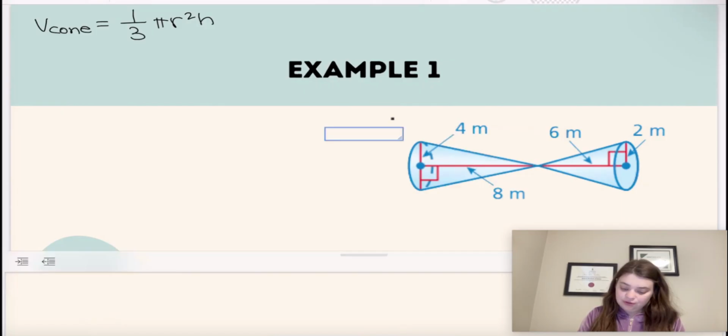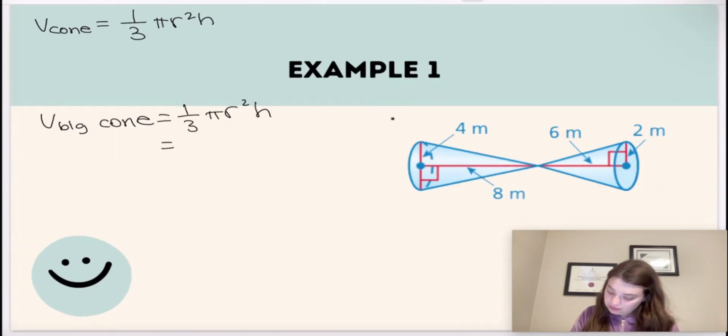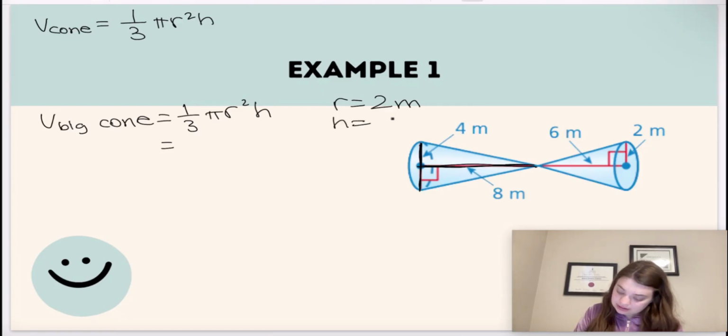Okay, so let's find the volume of the big cone first, which is going to be 1/3 pi r squared h. In this case, if we look at the bigger cone, I notice that the diameter of the big cone is 4 meters, which means that the radius of the big cone is equal to 2 meters, and the height of the bigger cone is 8 meters.